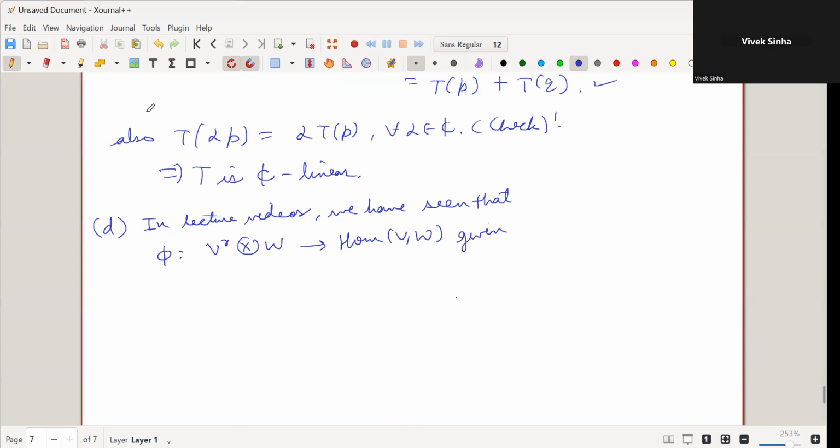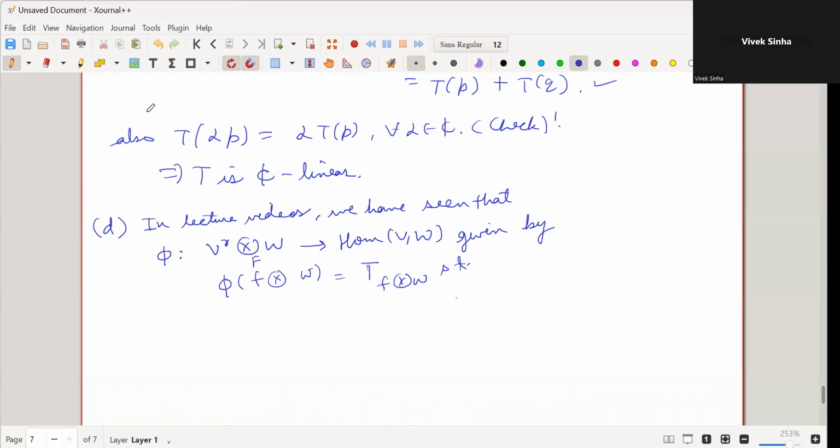phi of f tensor w, where f is a linear function from V to F and w is small w, is T of f tensor w, which is an element of Hom(V, W).